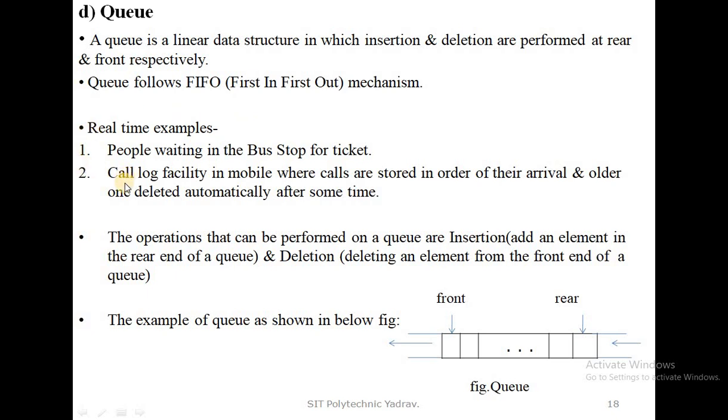Same example follows: the call log facility in a mobile, where calls are stored in order of their arrival and older ones are deleted automatically after some time. In the call log, arrived calls are stored one by one and older ones are deleted automatically.